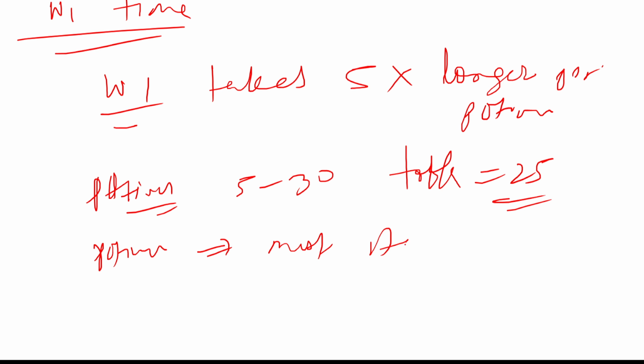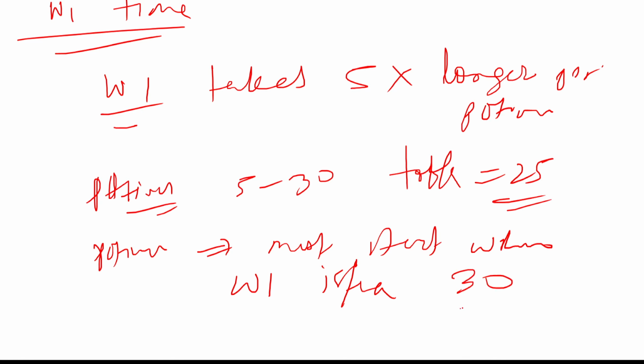So the portion must start when wizard 1 is free. And when is it free? At 30. So we can't say it is 50, but 30, because we can only start one portion at wizard 1, right? Portion 1 reaches wizard 1 at t equal to 6, right?